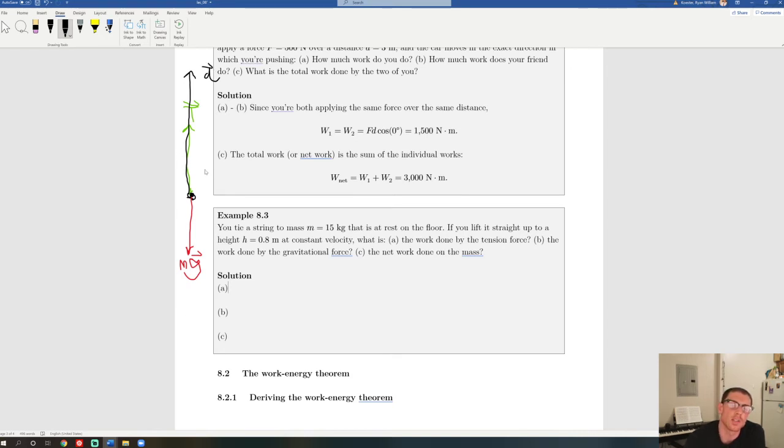And we see then, right, that the angle that the tension force vector makes with the displacement vector is 0 degrees, whereas the angle that the gravitational force vector makes with the displacement vector is 180 degrees, okay? So I'm going to clear that, and then we'll actually solve the problem here.